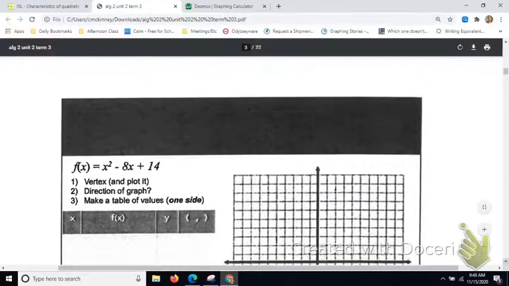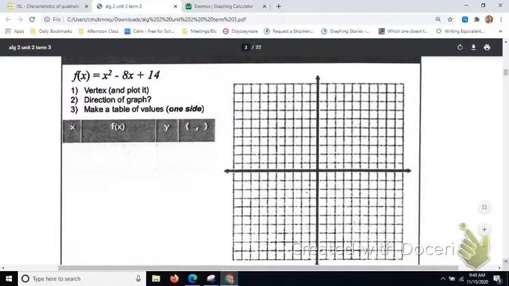So let's look at an example, and we're going to make a little table here. So first we want to find the vertex. To find the vertex, the first thing we're going to do, if it's in standard form, is the axis of symmetry, which remember is always going to be x equals -b over 2a.